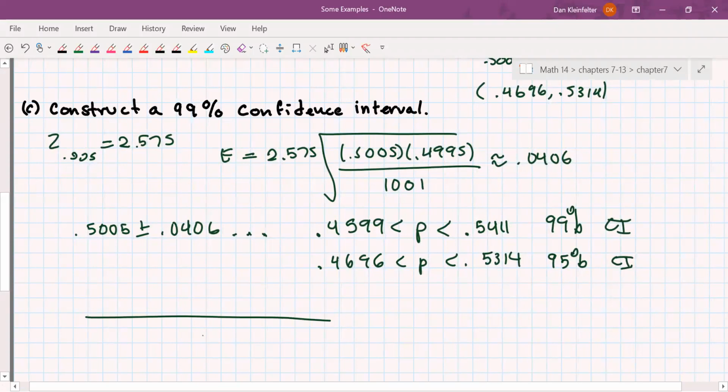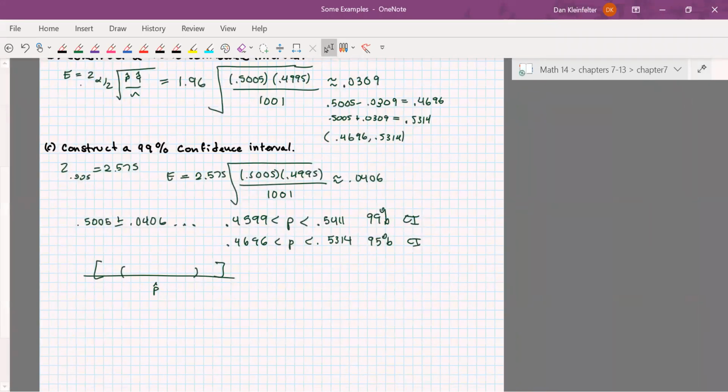In constructing our estimate, we have P hat, and we're hoping to capture P. If we go out a certain way, P may or may not be in there. We can have a certain amount of confidence in whether that interval contains P. If you want to be more sure of having P, then you widen the interval. If you were okay with being less sure, then you can make the interval narrower. That was the purpose of this example.